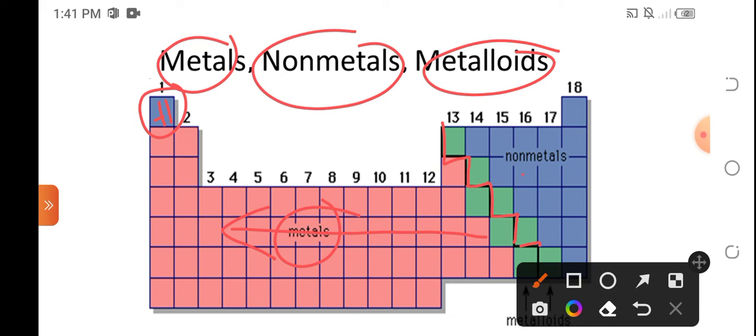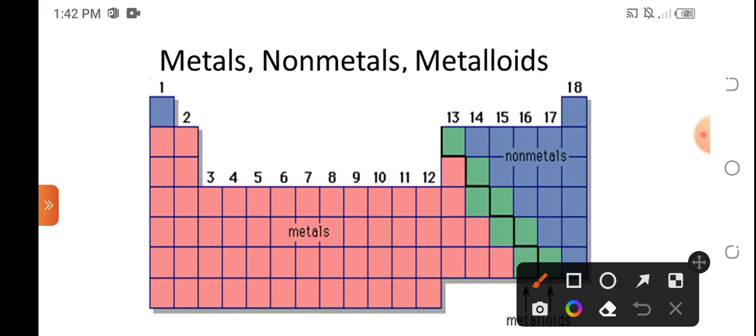And on the right side of that stair-like division are non-metals. Since metalloids exhibit some properties of metals and non-metals, they can be found above and below that stair-like division, except for aluminum here. Aluminum is an exception, it is not a metalloid because its properties are those of a metal.